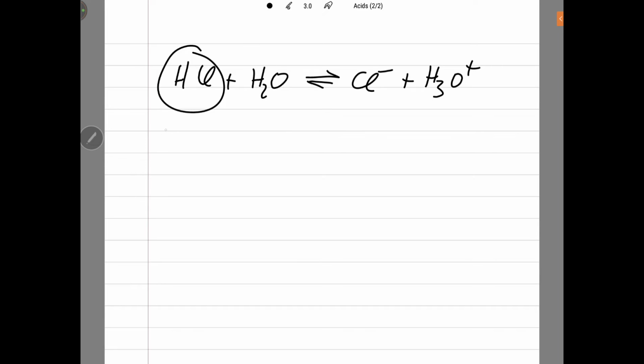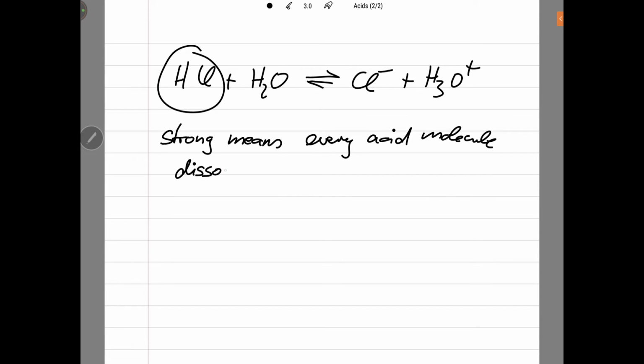So strong acid means that every single acid molecule is dissociated.